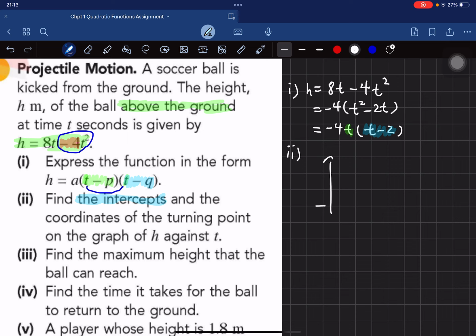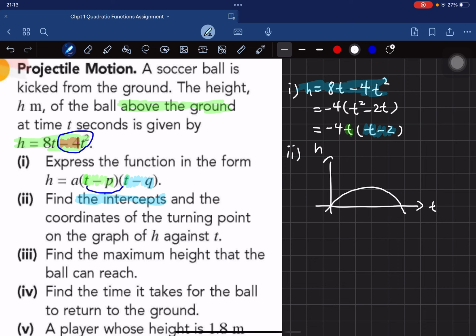Here is t, here is h. When I substitute t equals 0, which is finding the y-intercept, I get 0, which means the curve will look like this.